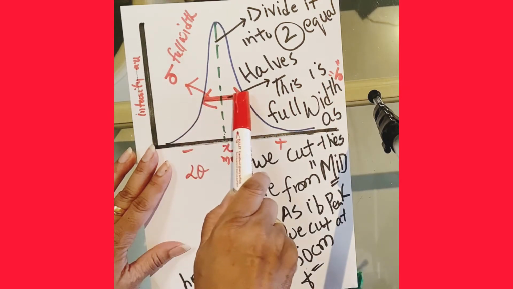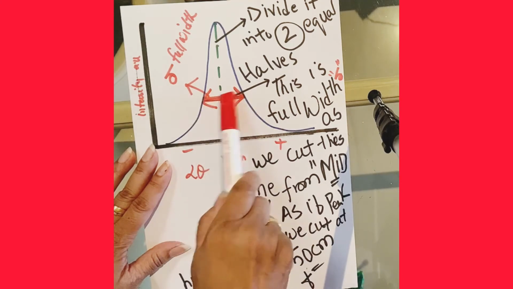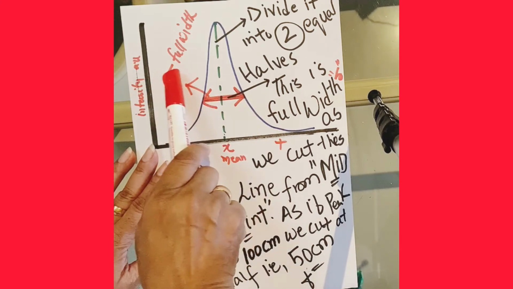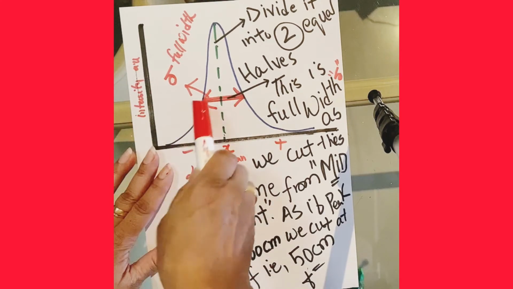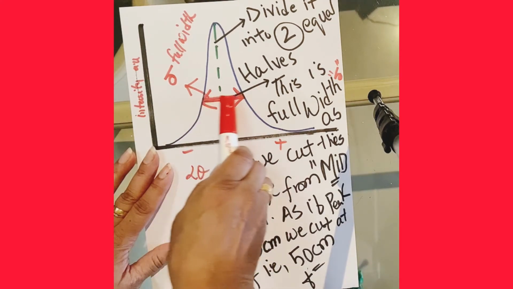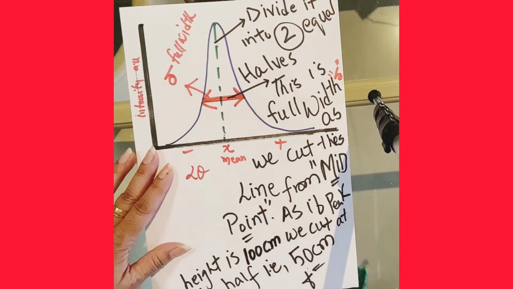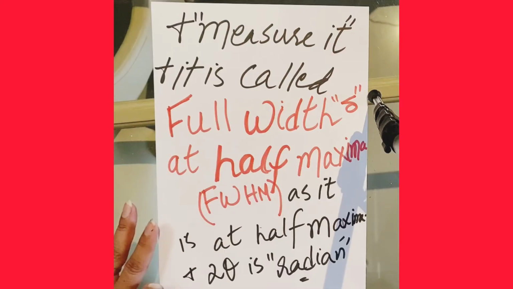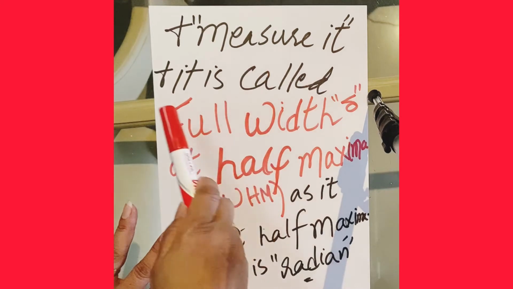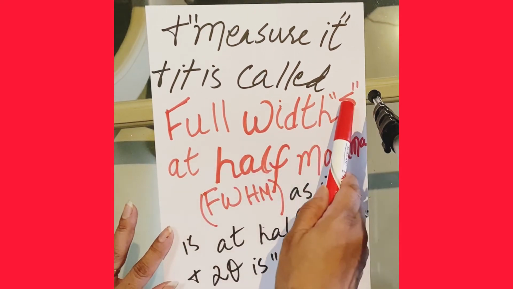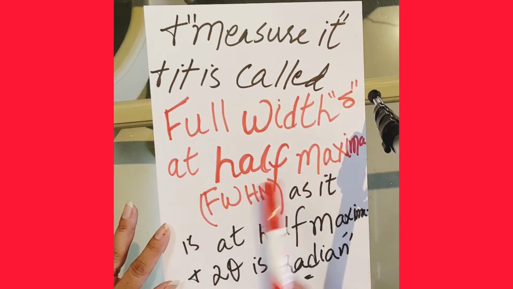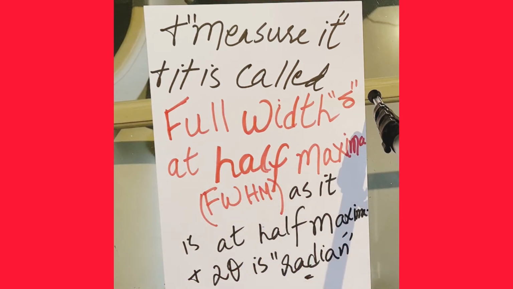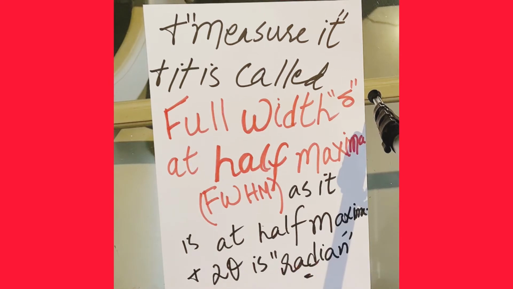By cutting it down from here, you will call it the full width, and you are going to measure this width. It is denoted by this symbol at half maximum, that is FWHM, and 2 theta is simply in radians.